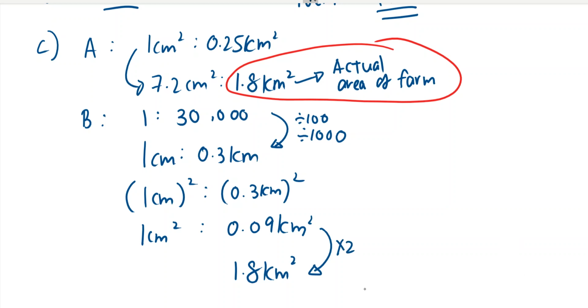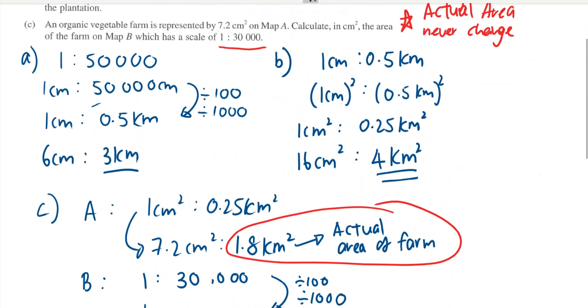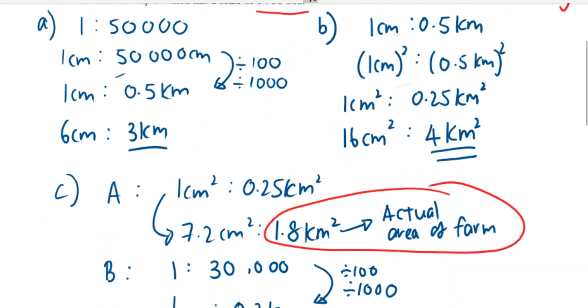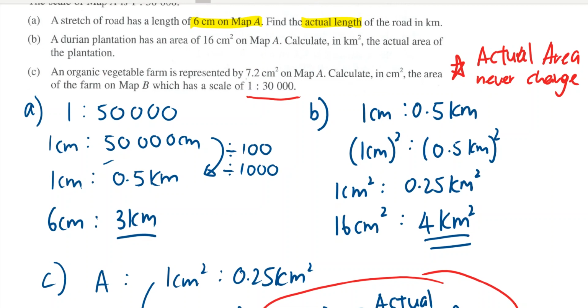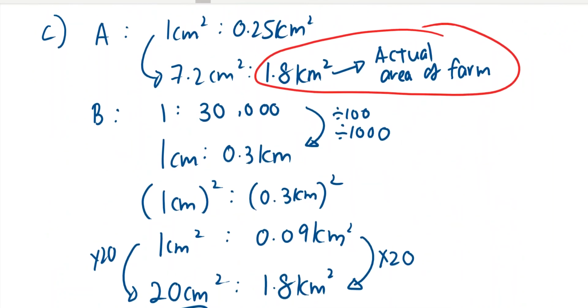I need to multiply by 20, so my left side also multiplies by 20. 20 cm square is to 1.8 km square, and that is my answer for C, where they ask to calculate the area in cm square for B.